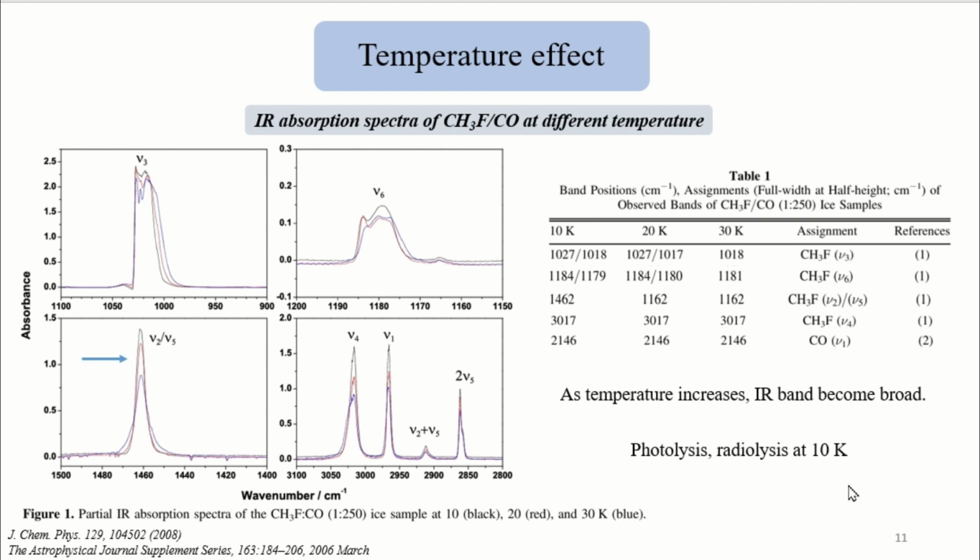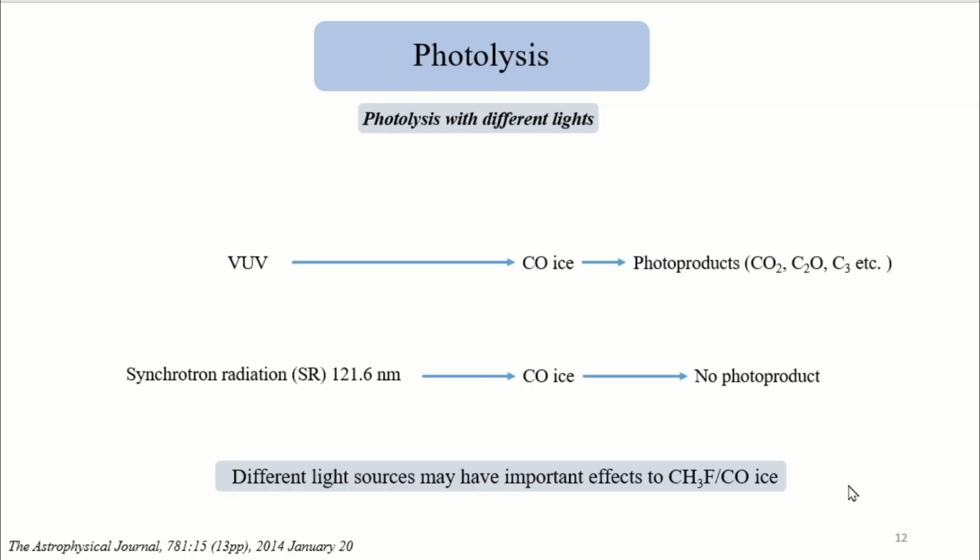So photolysis and radiolysis experiments will be operated at low Kelvin. This reference paper used two different light sources to photolyze carbon monoxide ice. The first light source is UV light generated from a microwave discharge hydrogen flow lamp.